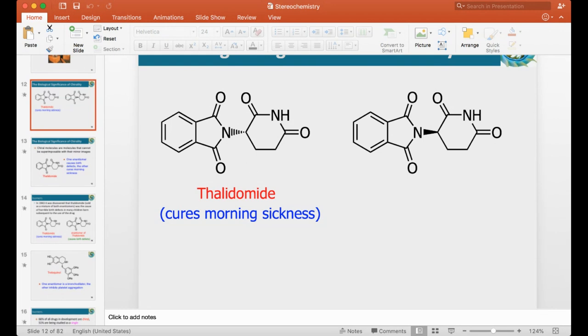So no matter how you flip this, they don't match, okay? And now somebody's asking me, do they have different physical and chemical properties? So my next question is, what is the relationship in between these two? Are they the mirror image of one another or not?